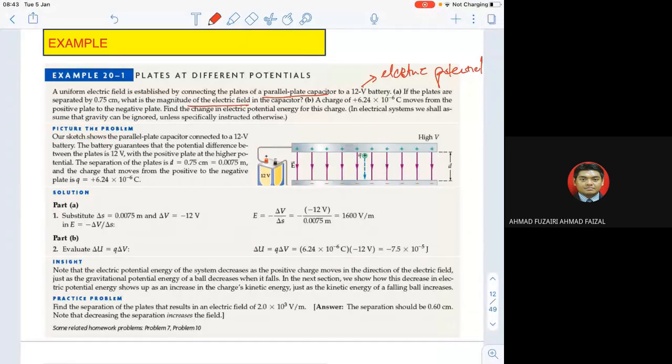It happens that there are some similarities between electric potential and electric field. Like now I have proven to you that E is equivalent to negative V per D. So that's how they got the electric field.